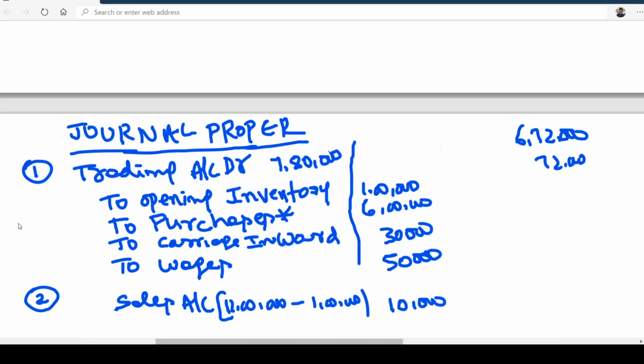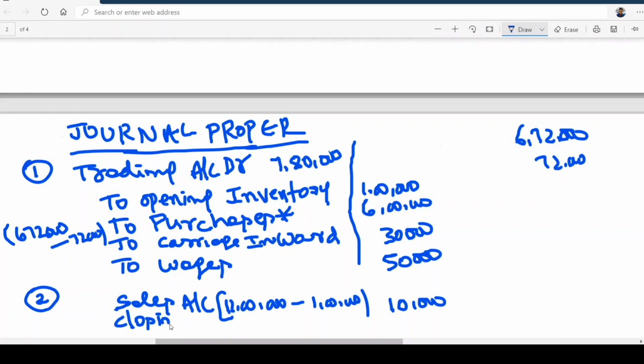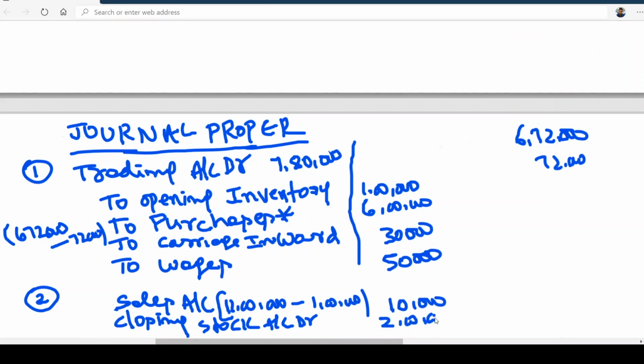Okay, here also purchases 672 minus 72. Sales account debit. Closing stock account debit, 2 lakhs.